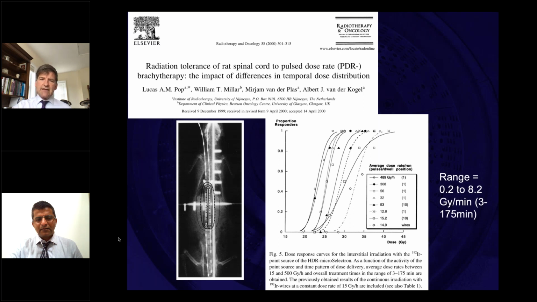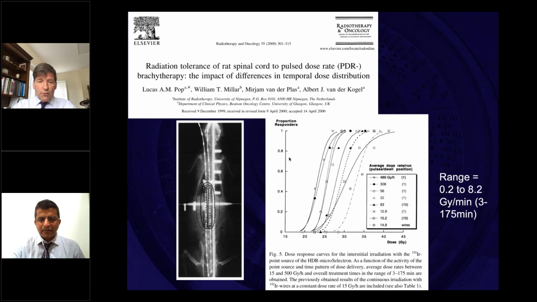And you can see here the chart, which is the proportion of responders. And you can see that the sigmoid curves there vary dramatically from one to the next, simply because of the dose rate applied.